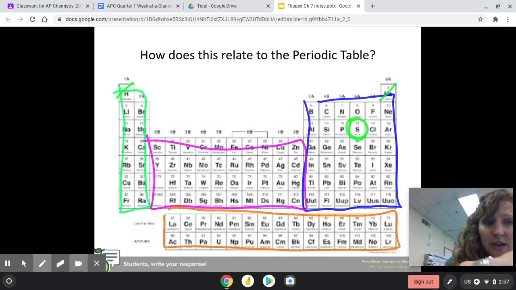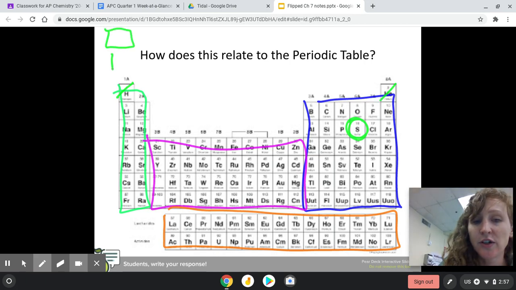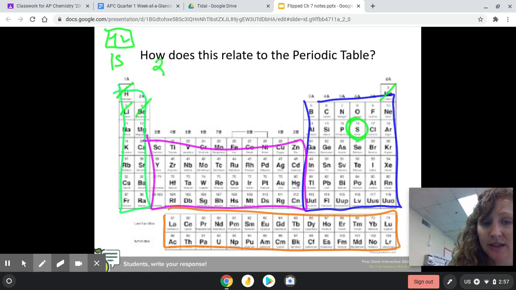So they're in the first energy level, shape is S, and there's 2 of them. Okay, now 3 and 4 are going to be in the second energy level, shape is S, and there's 2 of them. Now 5, 6, 7, 8, 9, 10 are going to be in the second row, the P shape, and there's 6 of them.